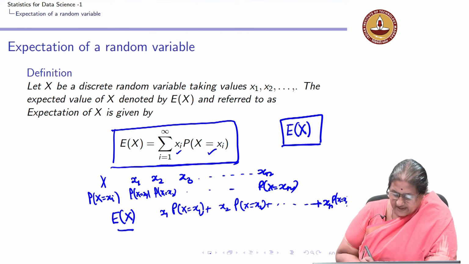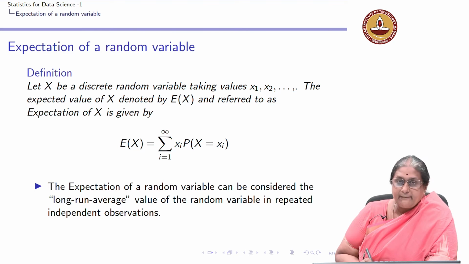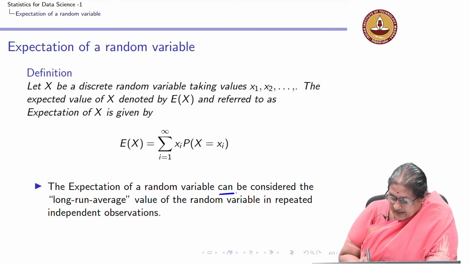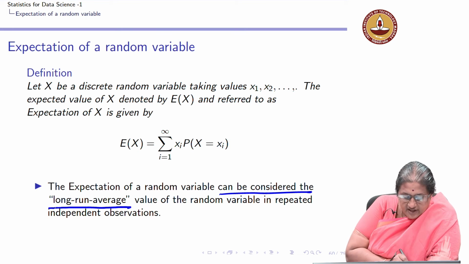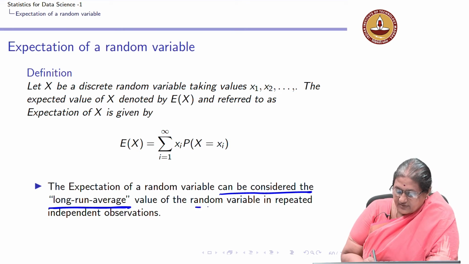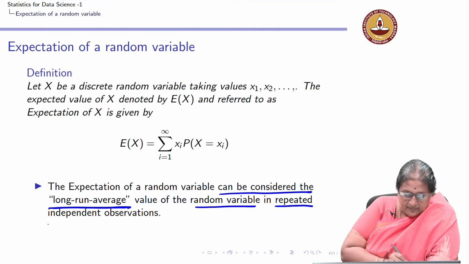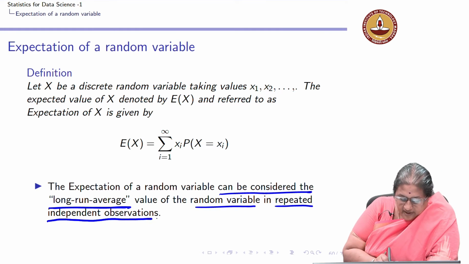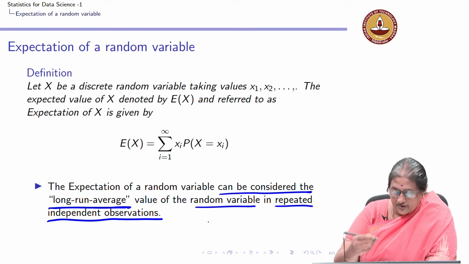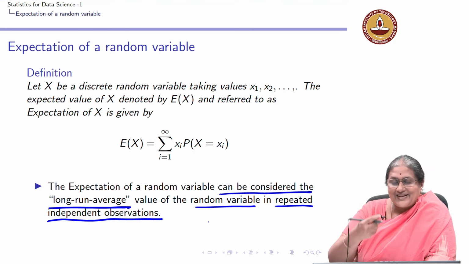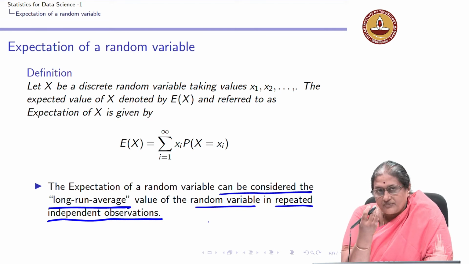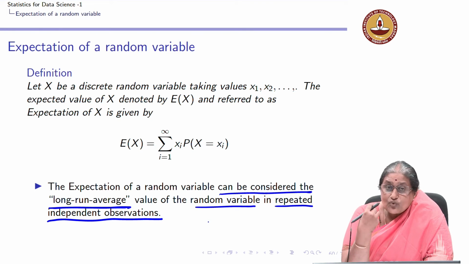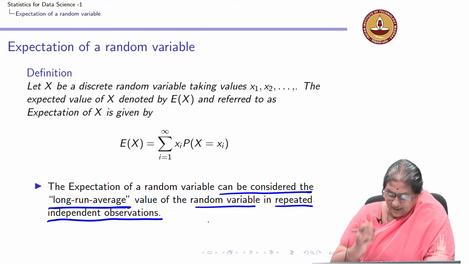The expectation of a random variable can be considered to be the long run average value of the random variable in repeated independent observations. So, if I am rolling a die, then the expectation of the random variable can be viewed as a long run average.